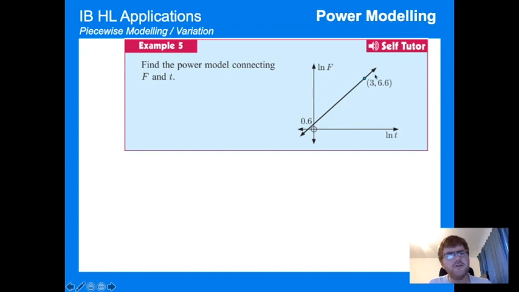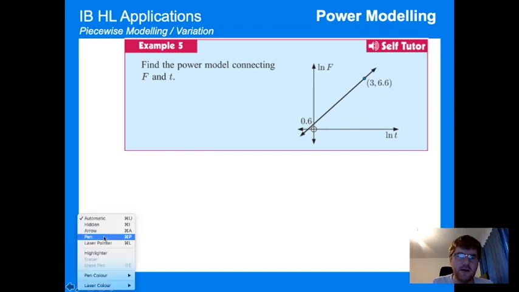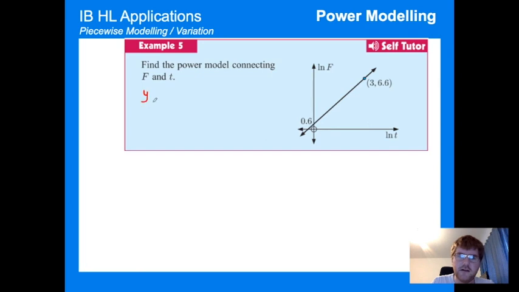Now, we want to approach this in the same way that we do a straight line. Remember, for a straight line we have the equation y equals mx plus c, where m represents the gradient, the steepness of the line, and c represents the y-intercept. We know the y-intercept already, 0.6, and we can work out the gradient using the gradient formula in the formula sheet, which is y2 minus y1 over x2 minus x1.